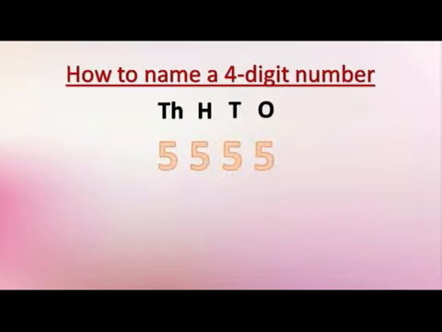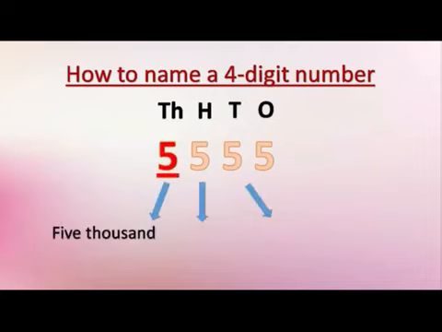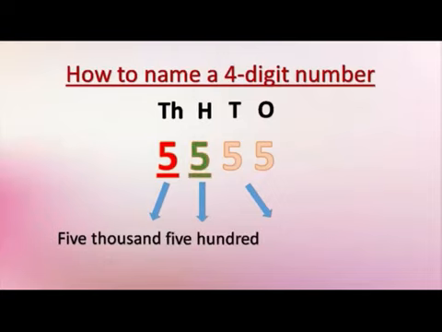Now can you tell me the number name of this one? 5555. Well, thousands digit is 5. So this is 5000. Hundreds digit is 5 again.